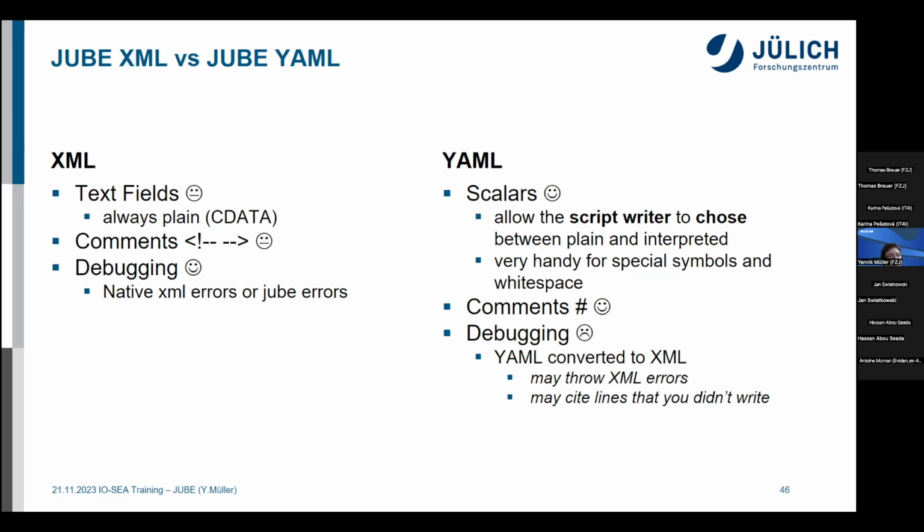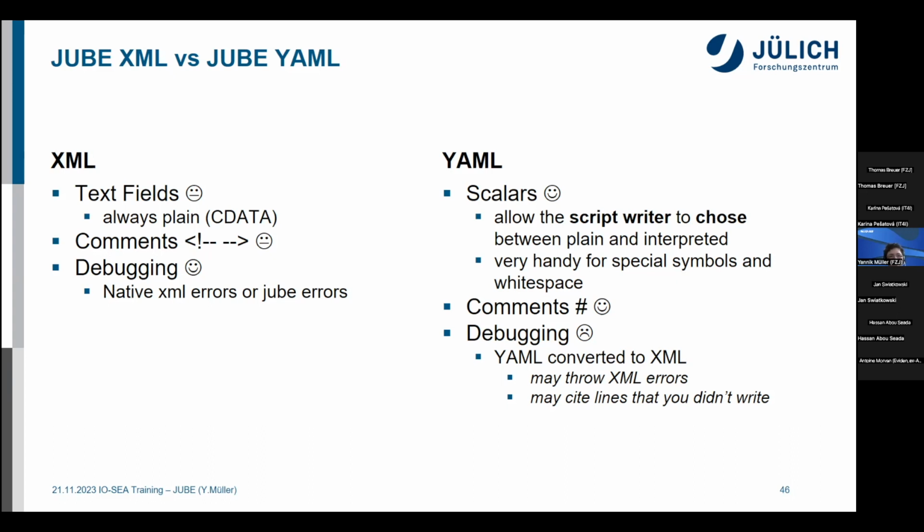And then if you have a YAML script, this is actually internally converted to an XML and then JUBE reprocesses the XML. This means that it may successfully convert because the YAML was correct and the conversion worked, but then the XML was incorrect. And then it failed, and then you get an XML error even though you were writing a YAML file.